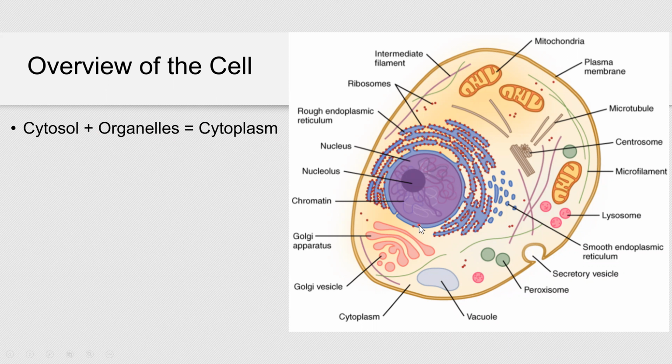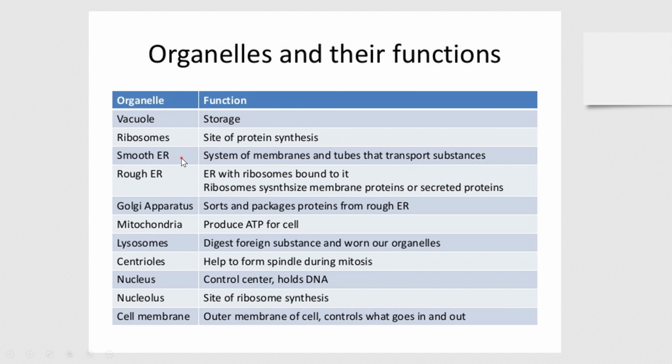And those are very brief functions, like vacuole is storage, ribosome is site of protein synthesis, smooth ER involved in lipid metabolism and detoxification of some toxins, rough ER involved in the protein synthesis, Golgi apparatus sorts and packages proteins from rough ER.